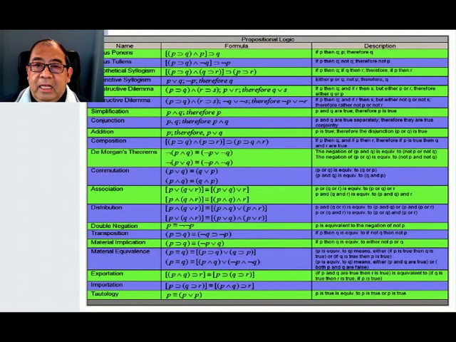Now, either P or Q, not P, therefore Q. For example, either you go to a Chinese restaurant or you go to a Japanese restaurant. Then the fact is not P: you did not go to the Chinese restaurant. So what is the conclusion? The conclusion is that you must have gone to the Japanese restaurant.